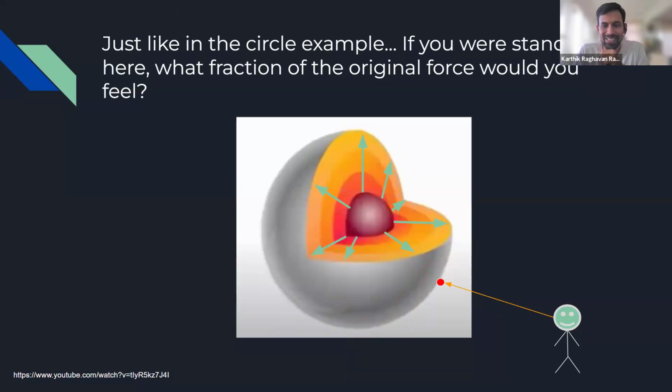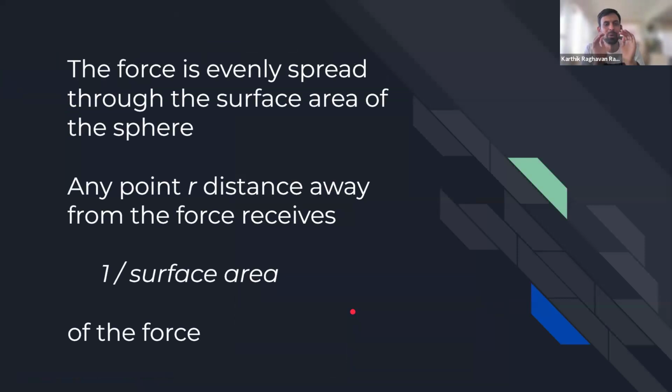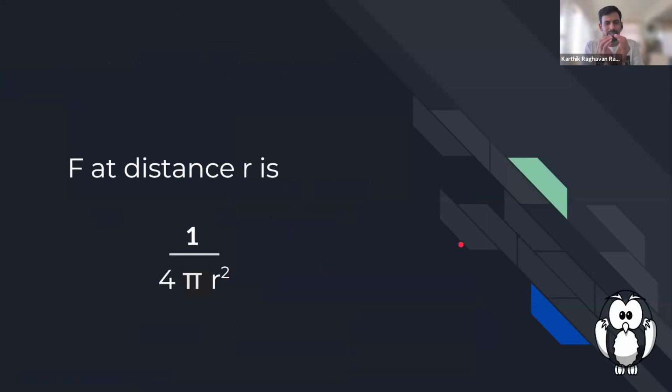Yes. So, yep, the answer is, as most of you got it, the force is evenly spread through the surface area, and any point that is some distance away receives 1 by surface area of the force, correct? So here is a pick for the kids that don't know.